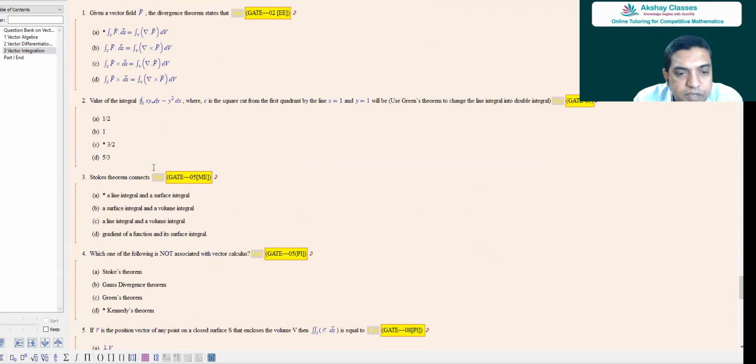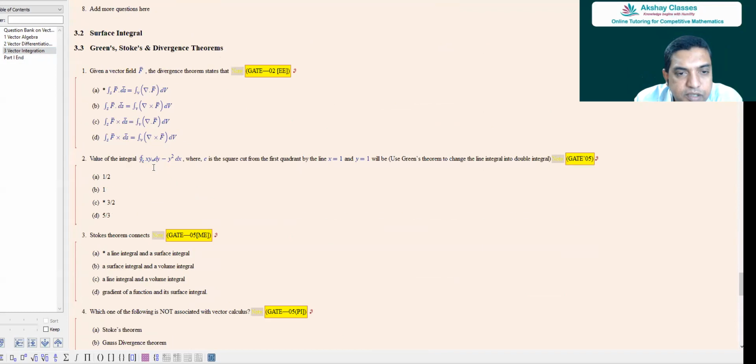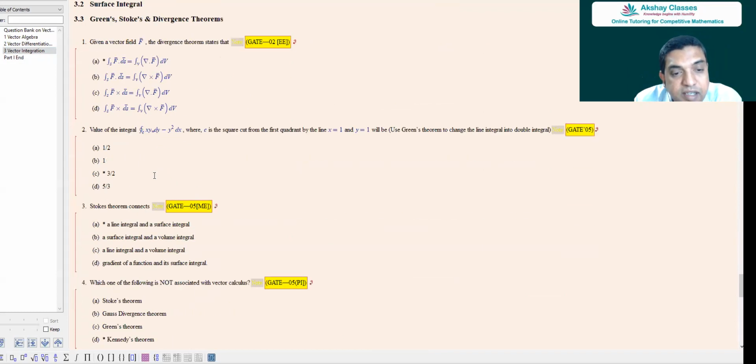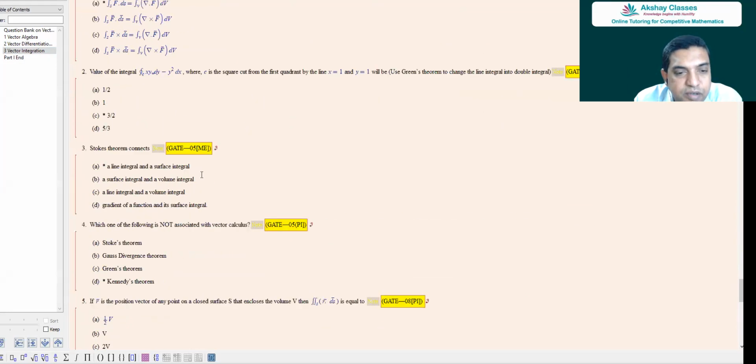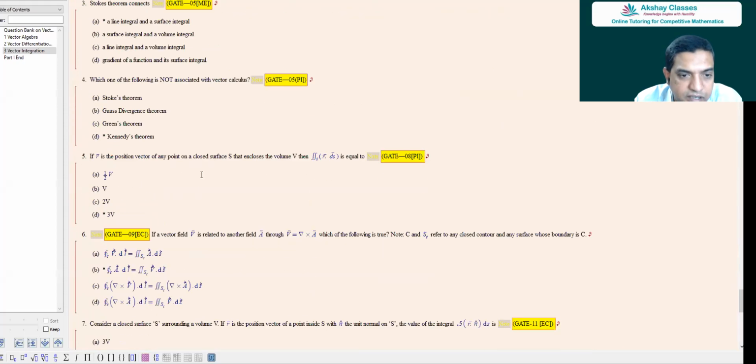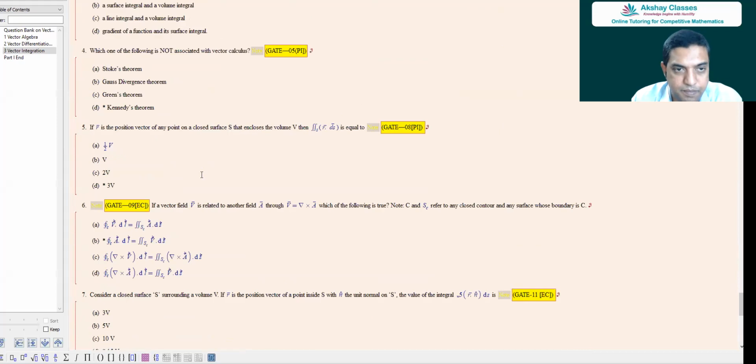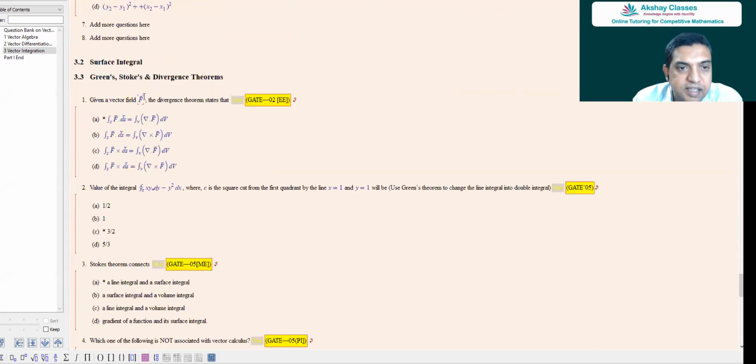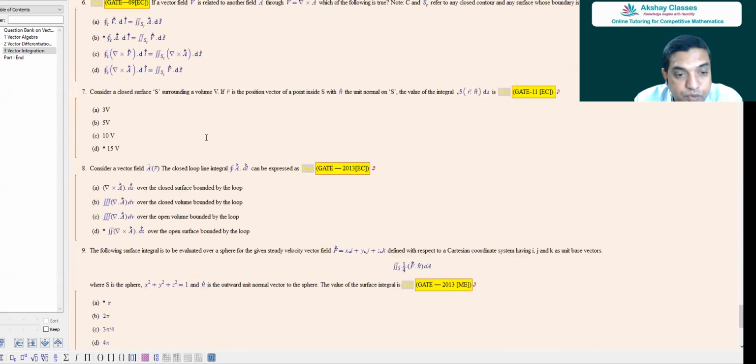And then we see surface integral, not much, but there's a connection between line integral and surface integral. That is why, on Green's theorem, Stokes theorem, and divergence theorem, we have plenty of questions.